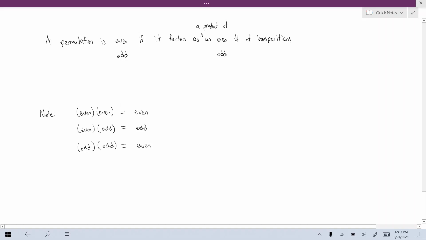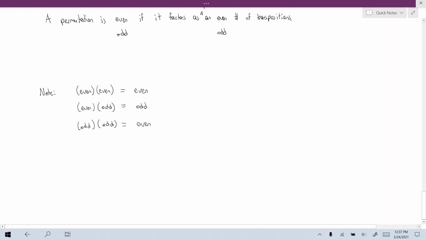So in fact, the set of all even permutations forms a subgroup of Sn, okay? So people use An to denote the subgroup of all the even permutations in Sn, okay?